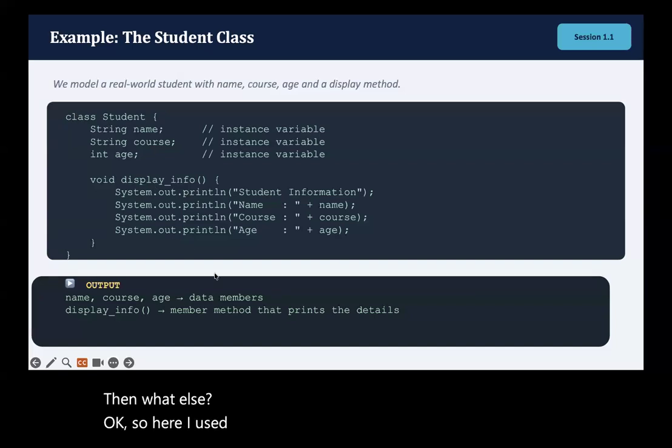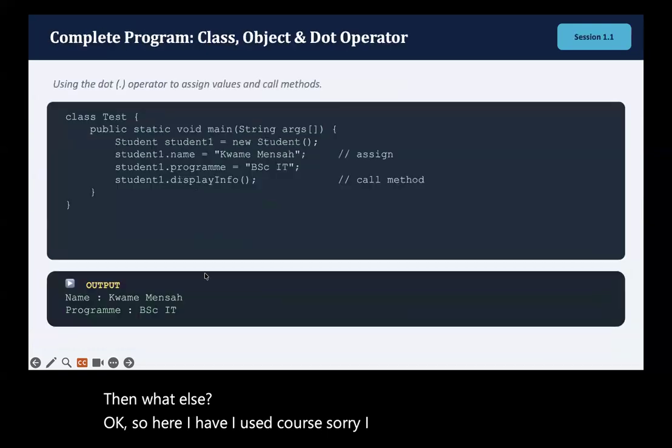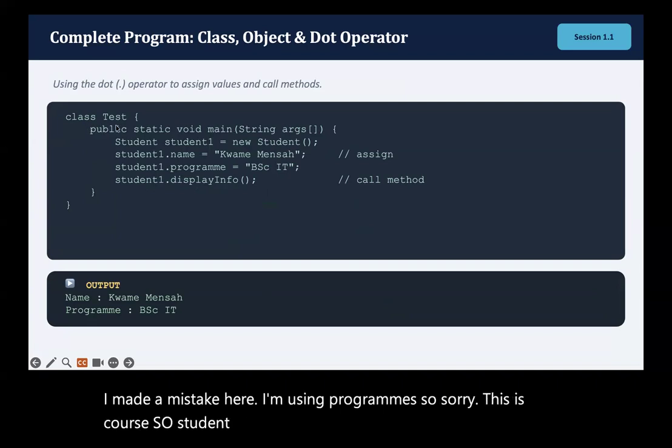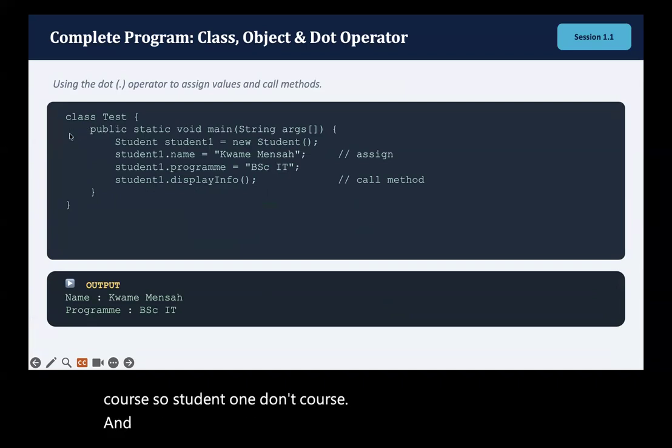Sorry, I made a mistake here. I used program, but this is course. So student1 dot course, and the method is student1 dot displayInfo. And you can also add student1 dot age equal to 23.